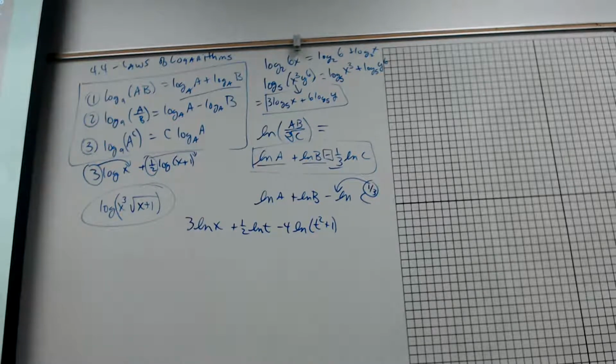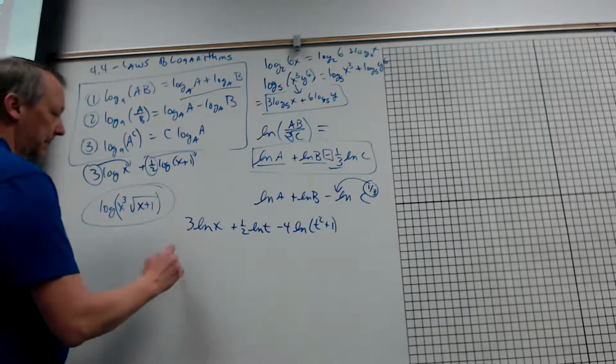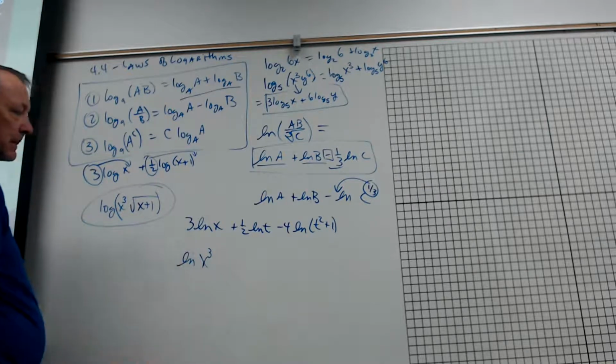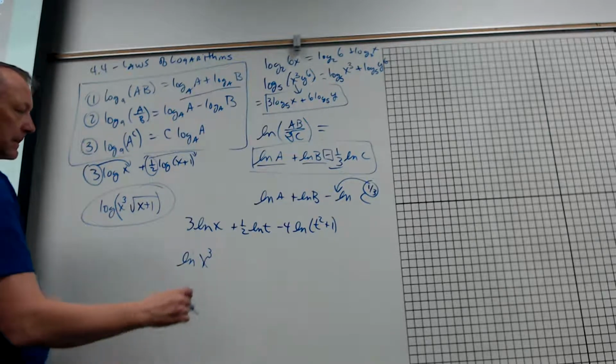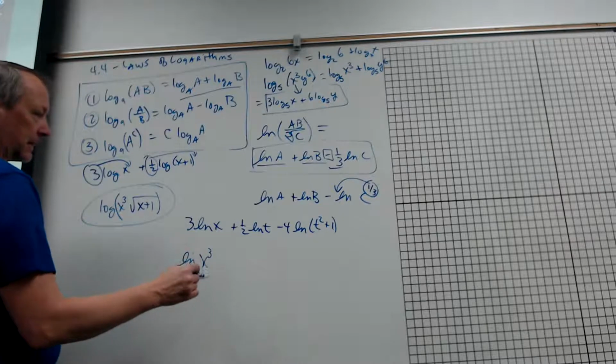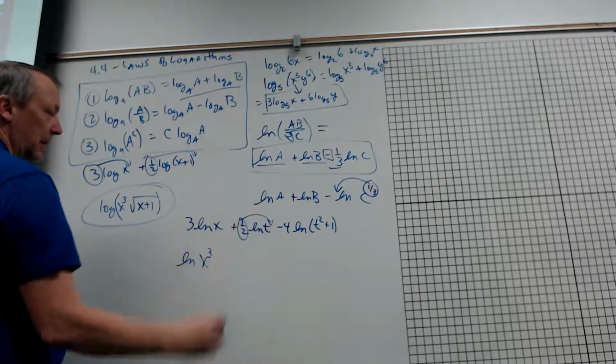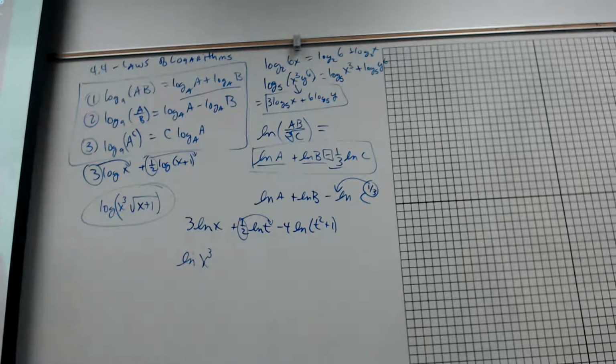Brandon, what do you think? So it's going to be ln x to the 3rd power. And then the plus sign makes it so you multiply that by t to the 1/2 power, because you bring that to the front as well. Or you can square root it.